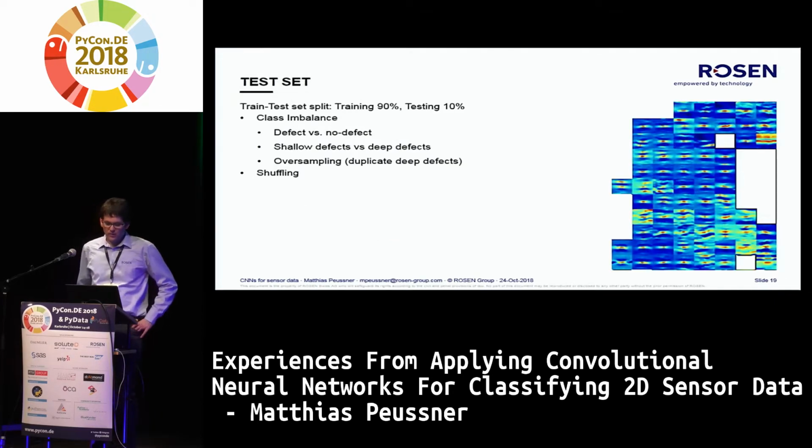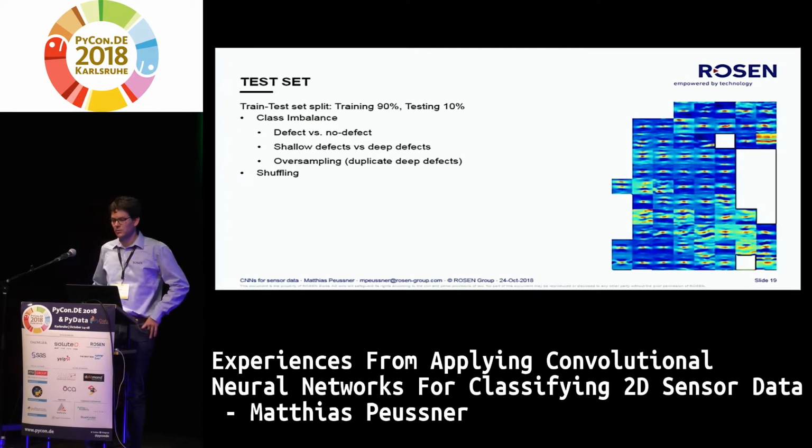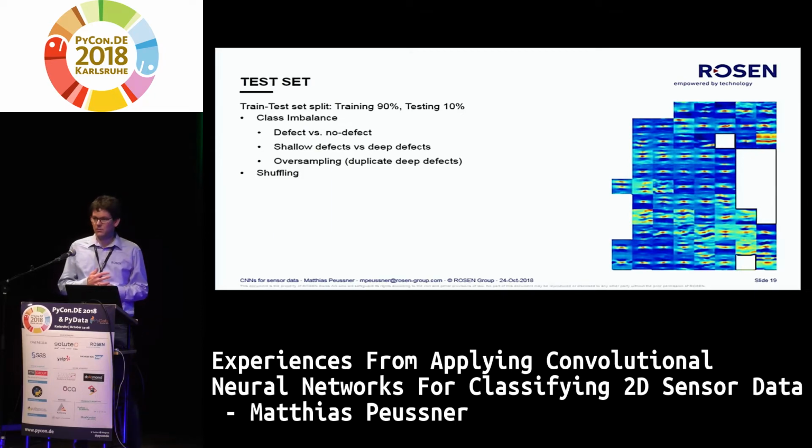Okay, what I did at that time, I split up my data, 90% for training and 10% for testing. As you have seen in the t-SNE plot and the embedding, we have a high class imbalance, so I have to duplicate the deep defects, so that I have the same amount of deep defects as shallow defects.